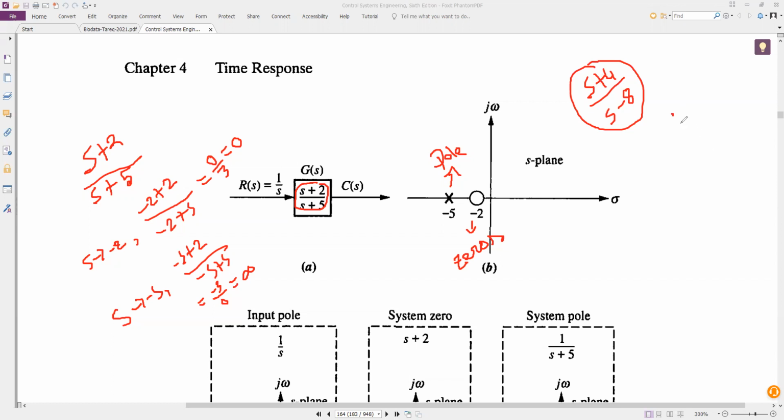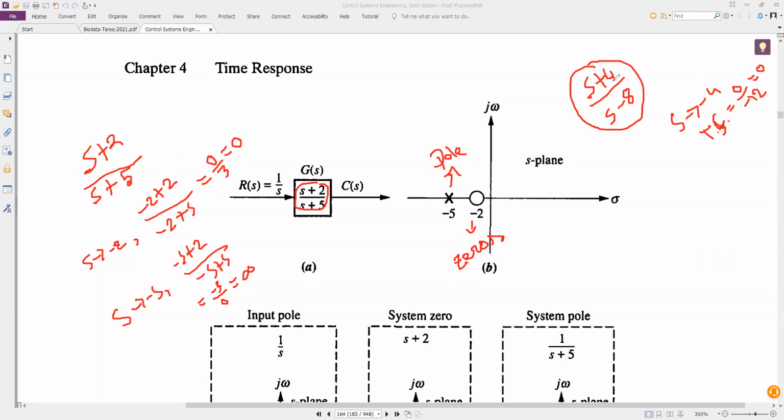If I put S is equal to minus 4, then the transfer function would be, in the upper side 0, in the lower side minus 12. That would be 0.